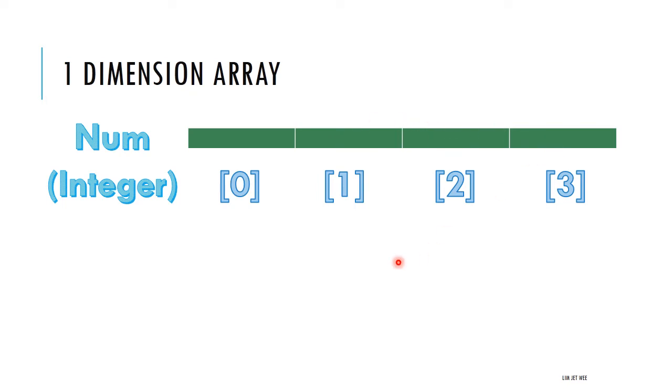So if I'm referring to num, I also have to refer to the index to identify which of these 4 boxes stores the value itself. If I want to refer to this box, I will refer to it as the array num followed by the index.